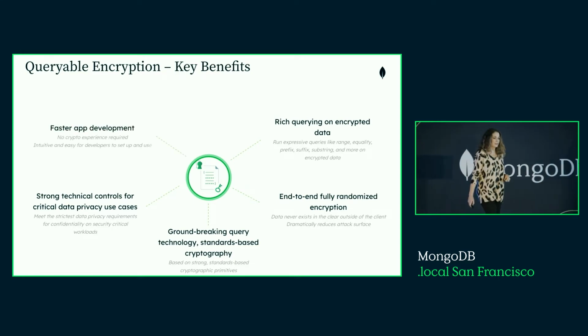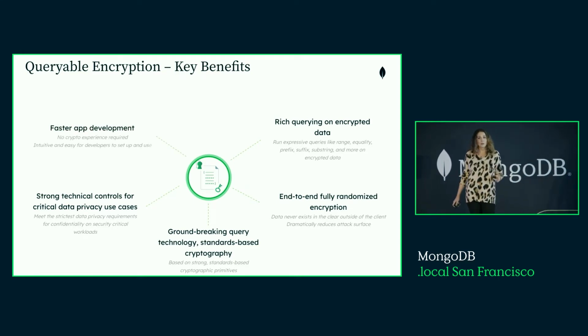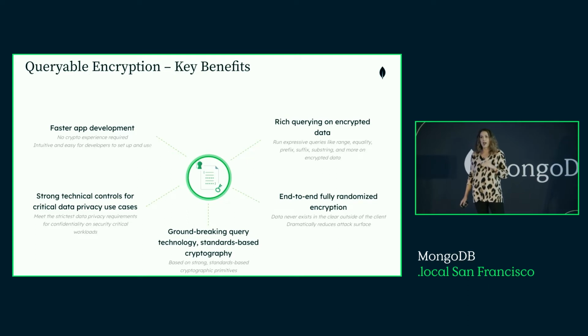And faster app development. Like I mentioned, you don't have to change your application to write or to get these encrypted values. There is a translation layer at the MongoDB driver that will rewrite your query to an encrypted query, so you don't have to change that application. There is just a setup.